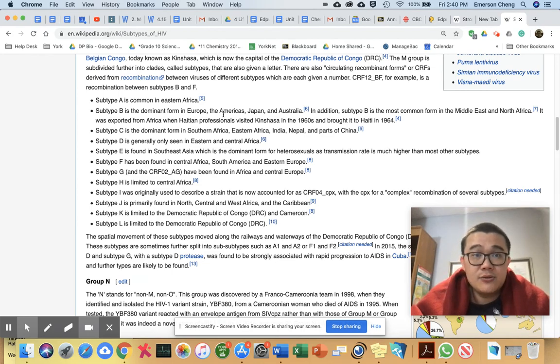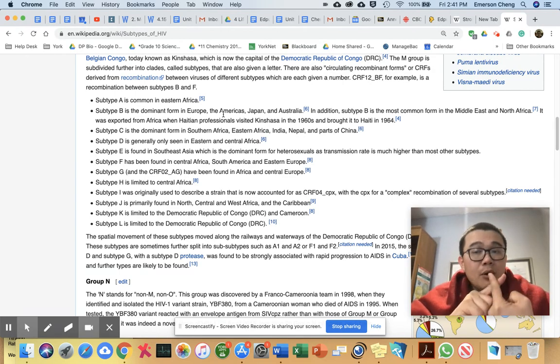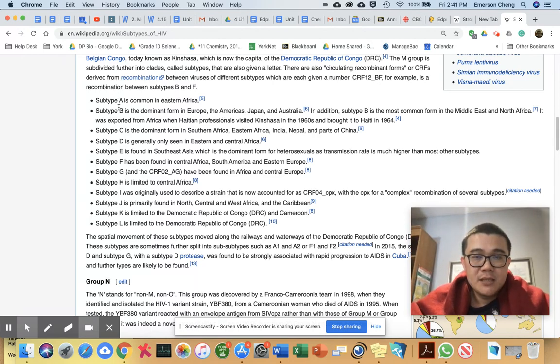So in this case, you also compound it with the problem of finding a cure, because a cure is expensive. Drug companies have to pay a lot of money to go into it. So in this case, they will most likely develop a cure for type B, because that is a more affluent area.